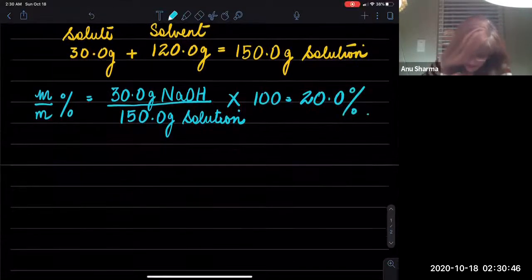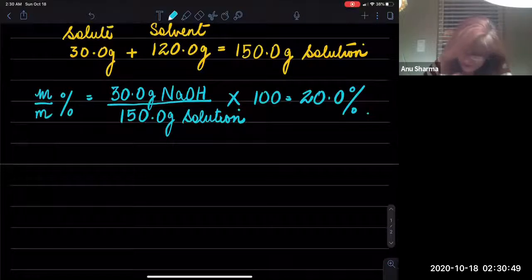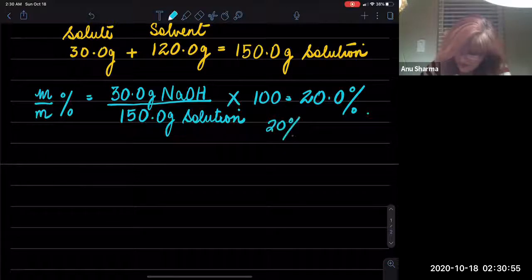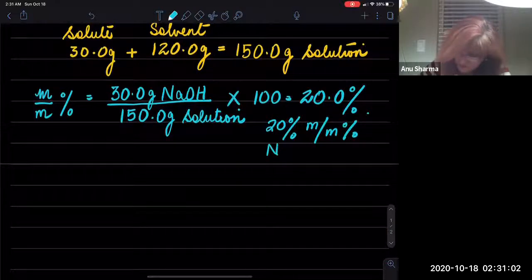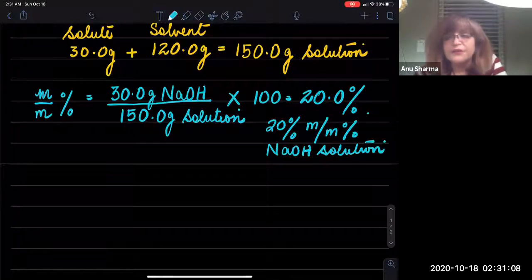So this means that sodium hydroxide is present 20% mass by mass. This is how you write a 20% mass by mass NaOH solution. This means sodium hydroxide is 20% in that solution. This is what it means.